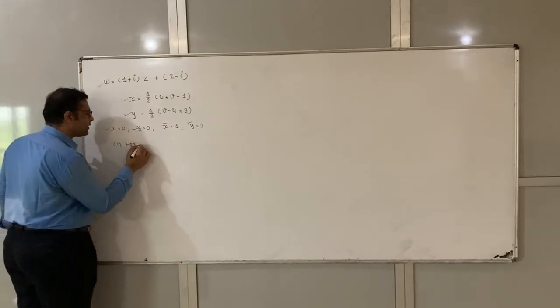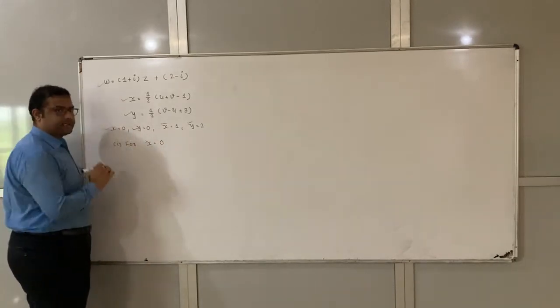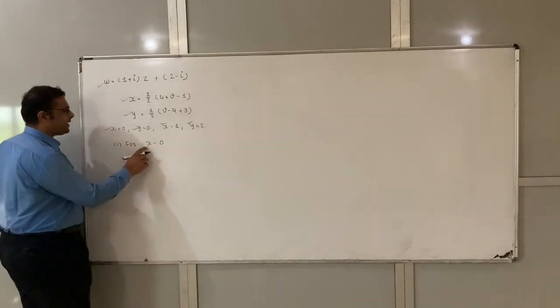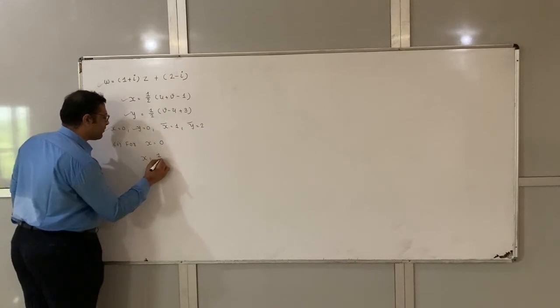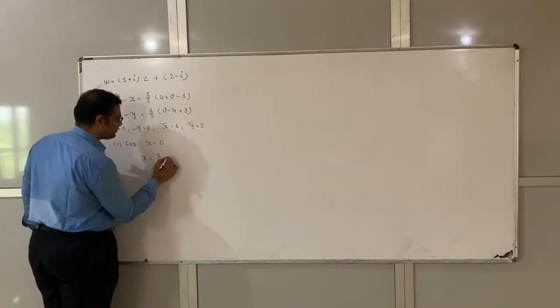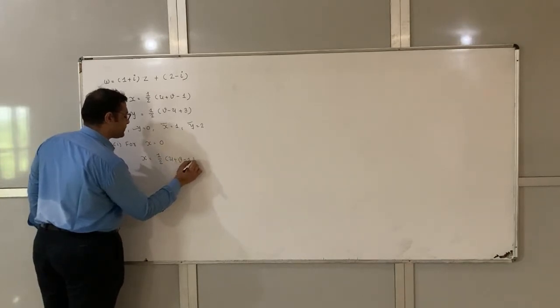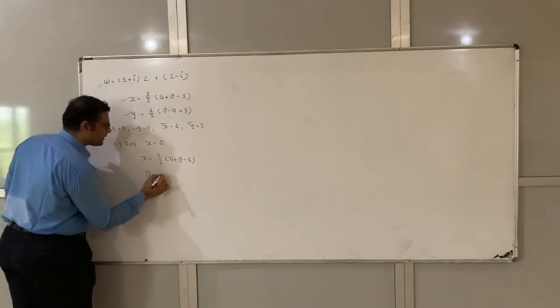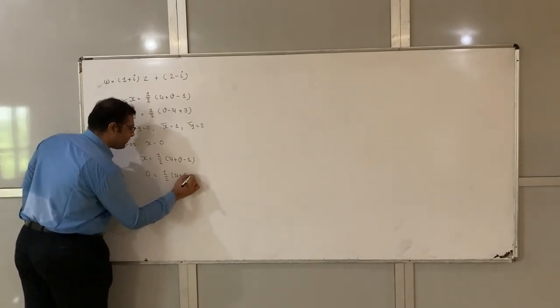For the first line, x is equal to 0. Now here x is equal to 1 upon 2 times u plus v minus 1. Now x is equal to 0, so 0 is equal to 1 upon 2 times u plus v minus 1.